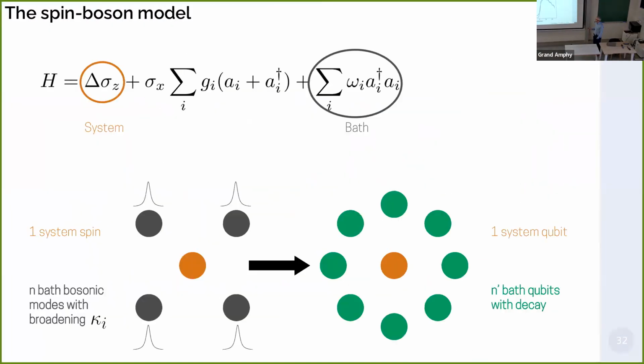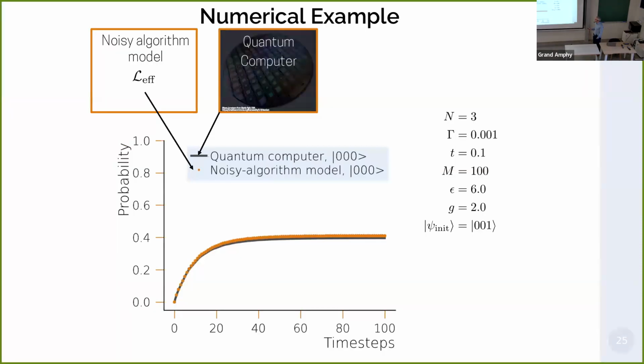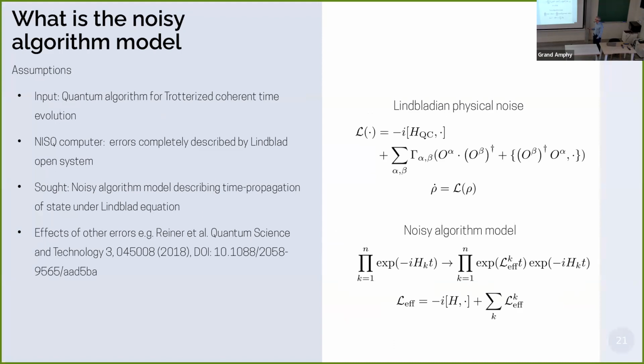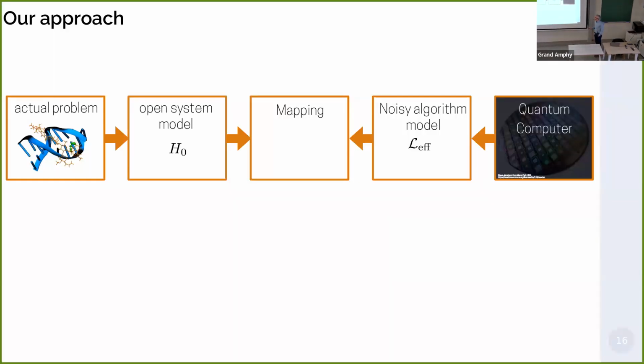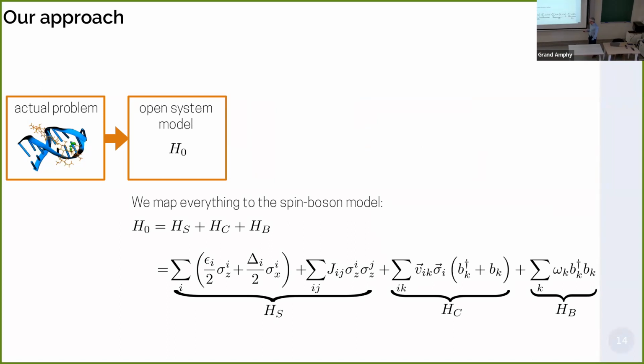Let's just go back here to the very beginning. So what we do is we start from something and come to the open system model in this form. And the spectral function here does not have to be flat or anything. Of course, in practice, there are limitations to mapping it later. But the trick that I did of representing this with broadened modes means that we can have a very structured spectral function.